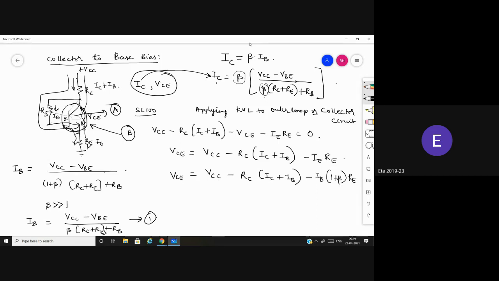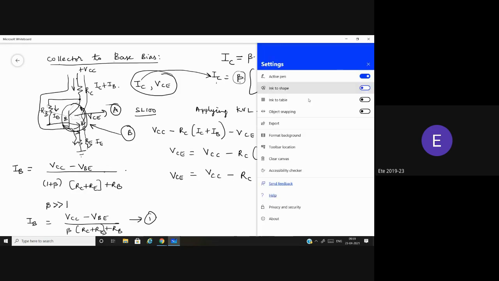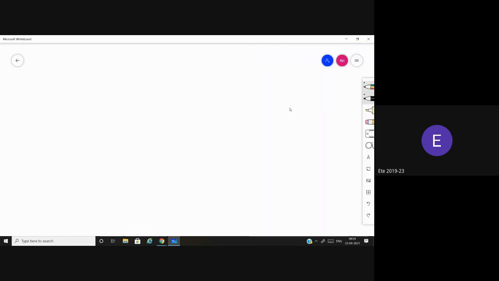So from these three circuits that we have discussed, we came to know that one of the major drawbacks is the dependency on beta.